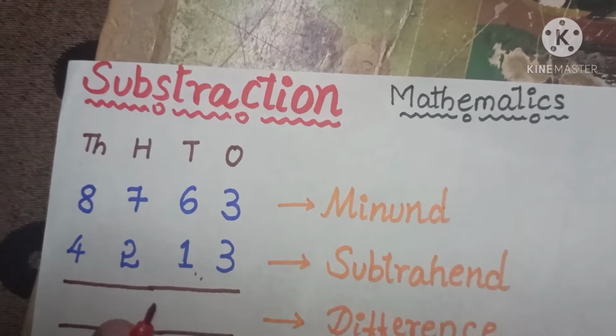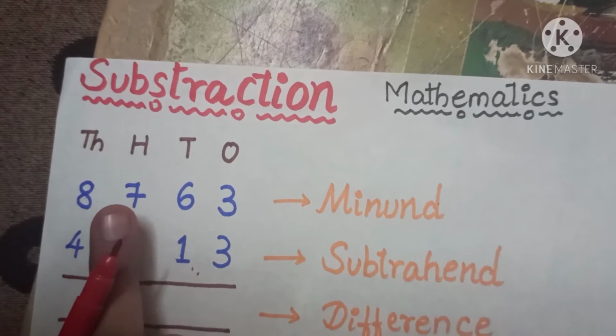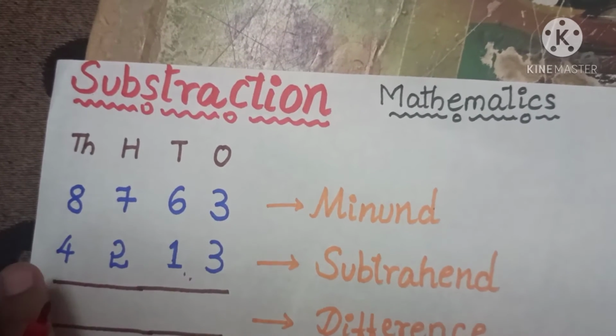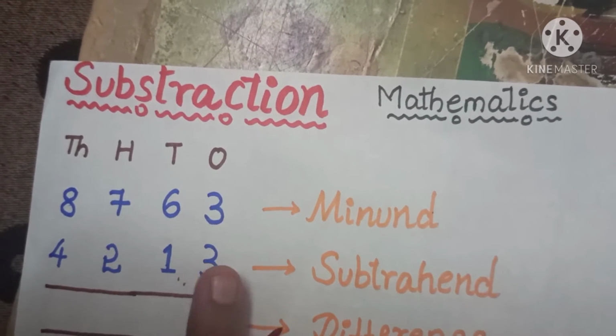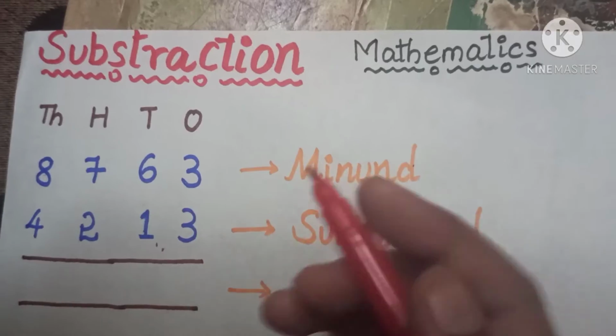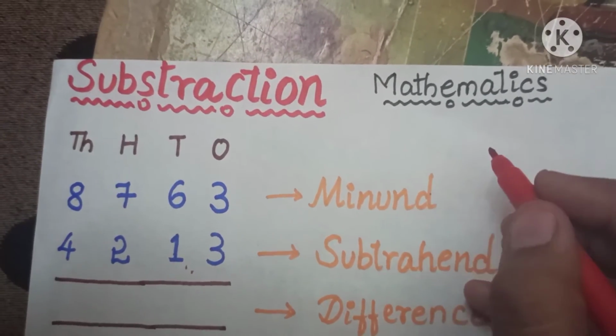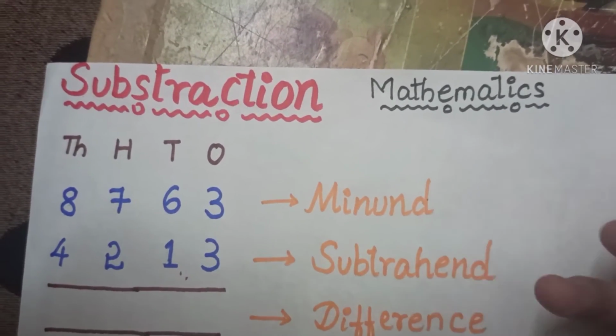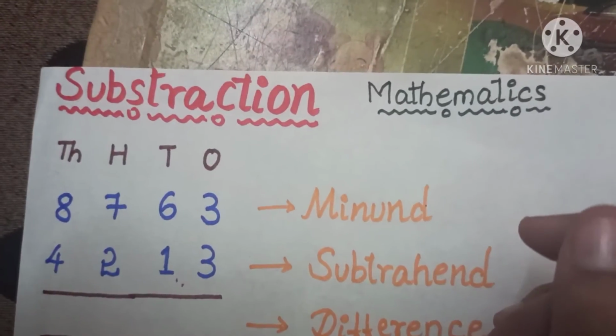So we read these numbers as 8763 and 4213, where we have already learnt how to identify the bigger number and smaller number.